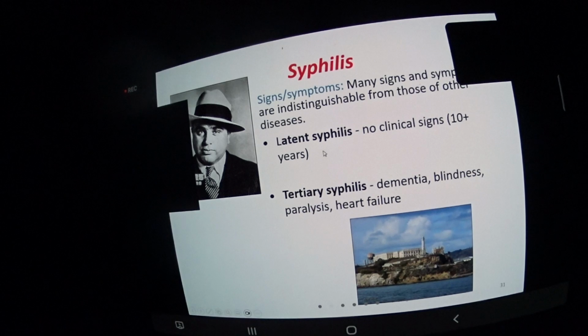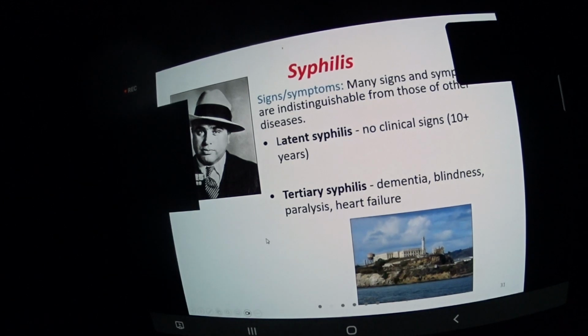In females, it can be passed on to the children during birth, okay, and cause issues in a newborn. In addition, in a female, if it's around the latent syphilis, it can cause miscarriages, stillbirths, and all of that. This is, by the way, Al Capone. And it is thought that in Alcatraz, he eventually died from syphilis, okay?